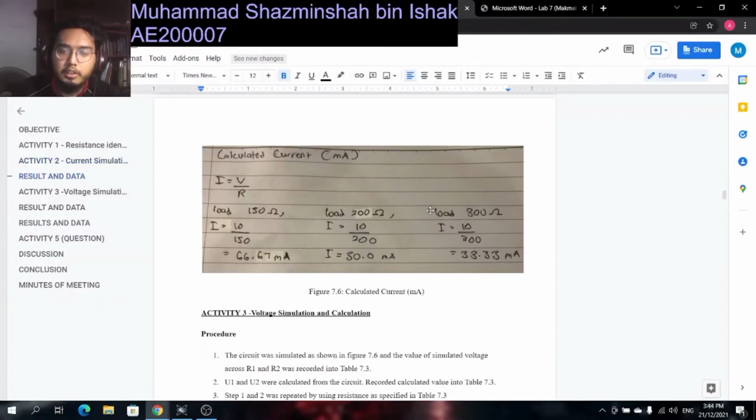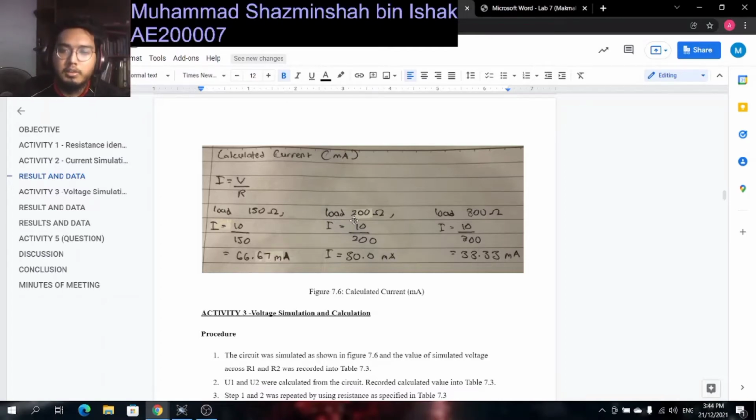Now for the calculation, we're going to look at figure 7.6. For the calculation, we're going to use the formula Ohm's law, which is I equals V over R. The first load is 150 ohms. We key in the data and we get the value 66.67, same as the simulation.